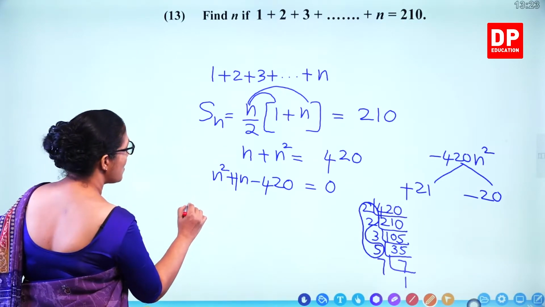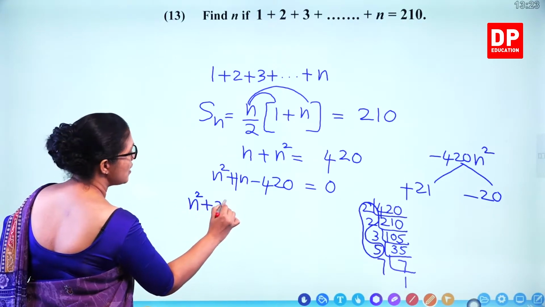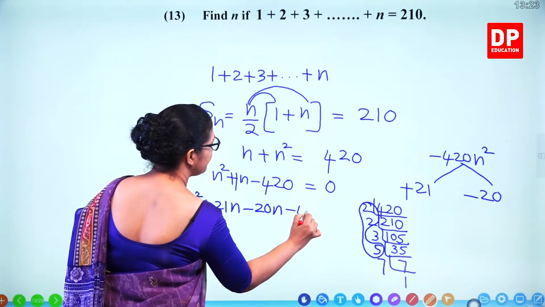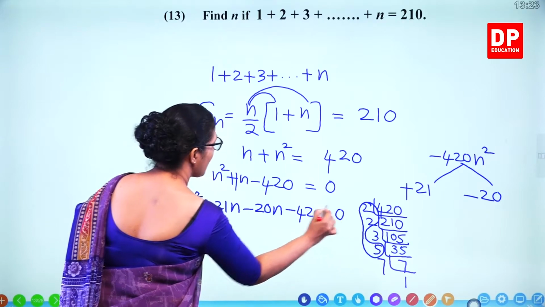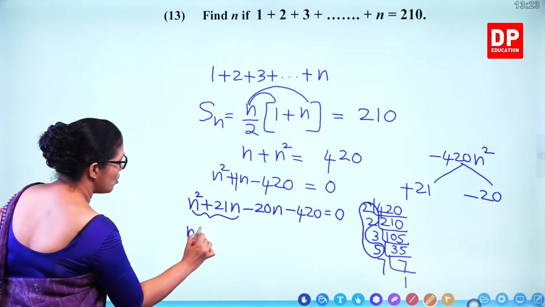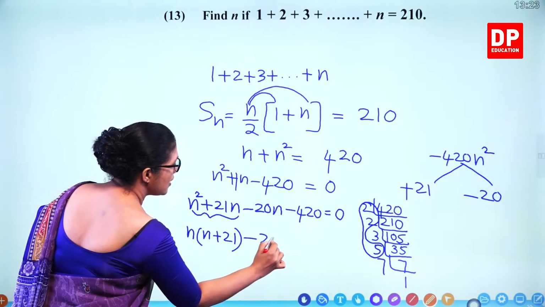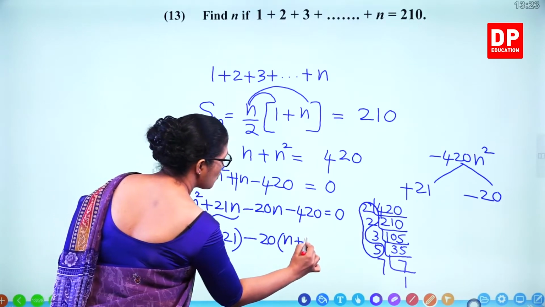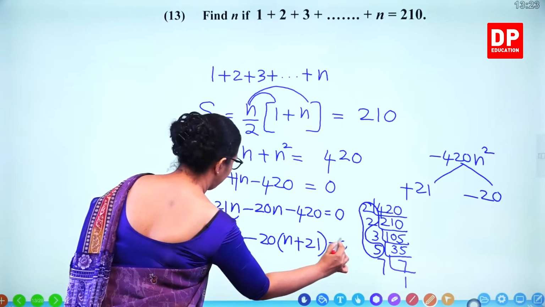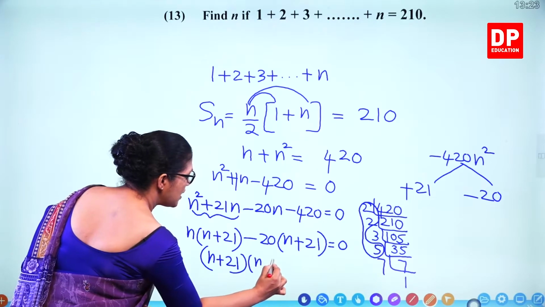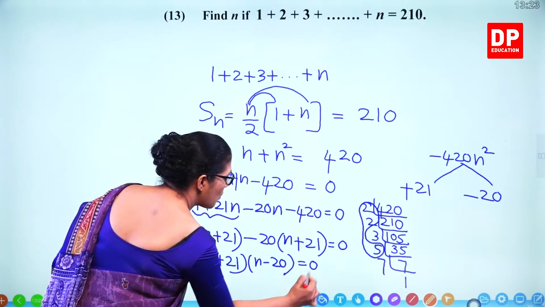Now you can split the middle term. 21n and minus 20n. Then take the first 2 separately, that's n plus 21. 20, you can take it out, n plus 21. So n plus 21 and n minus 20. The product is equal to 0.